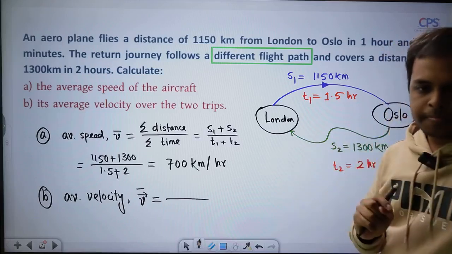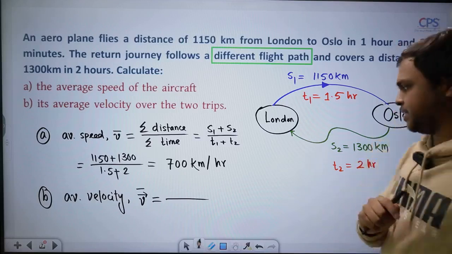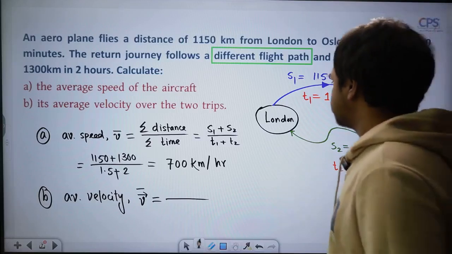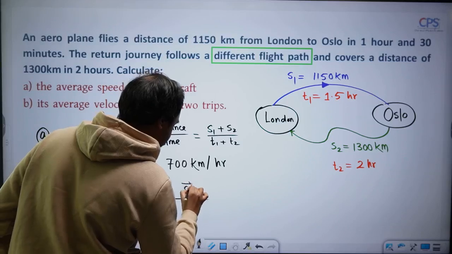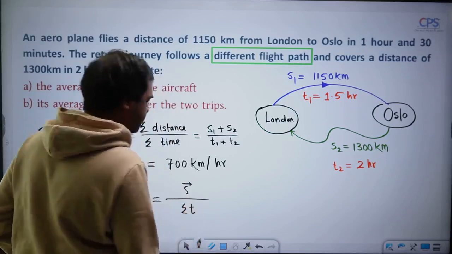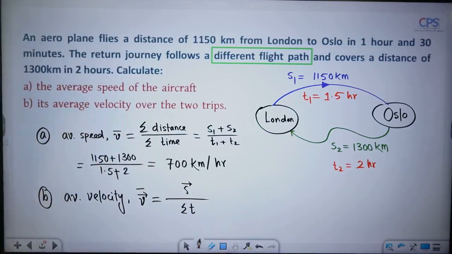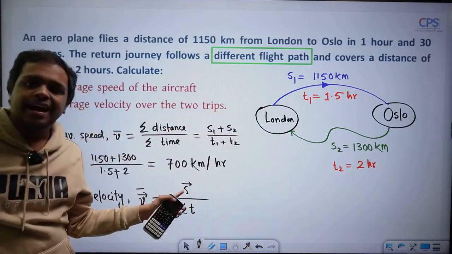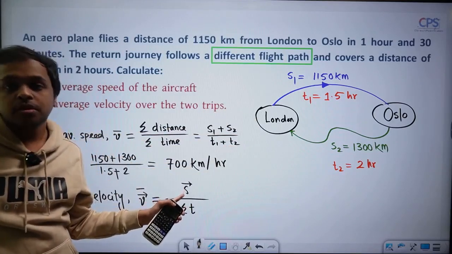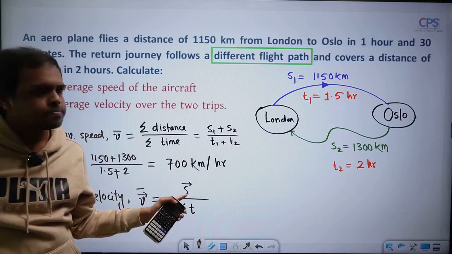In this time, what's the displacement? See here, the displacement, what we call the s vector, and under it is the summation of t, the summation of the times together. The s vector right now, how much is it?